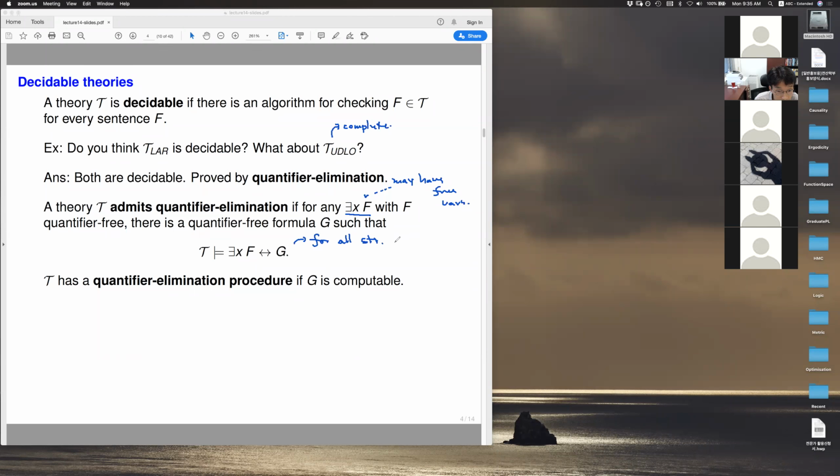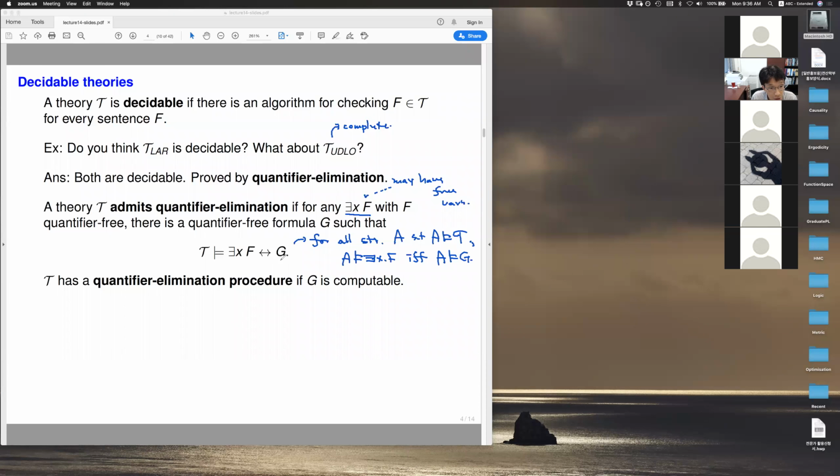A satisfies exists x dot f if and only if A satisfies G. Okay. So maybe if a structure doesn't satisfy T, they may be different. But if we focus on the structure that satisfies T, exists x dot f and G say the same thing. And this process is called quantifier elimination.